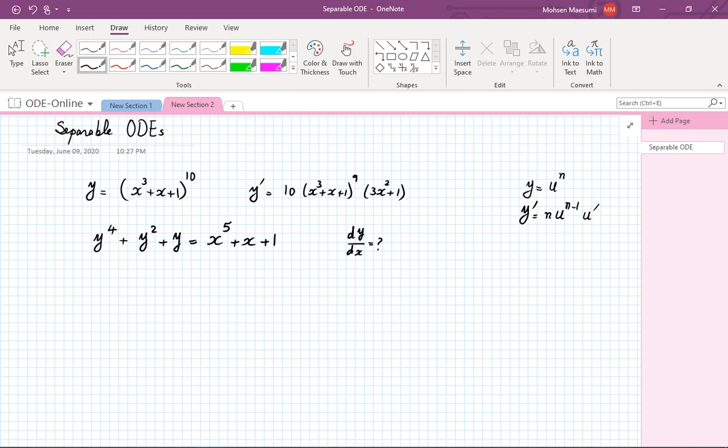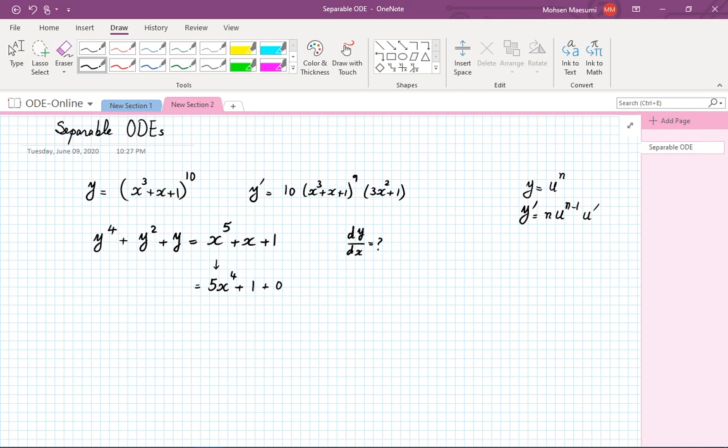So on one side I have some function of y, another side a function of x, and I want to differentiate and find the derivative of y with respect to x. Pretty much everybody is familiar with differentiating x to the power of 5. That is, the derivative is 5x^4, and then the derivative of x is 1, and the derivative of 1 is 0.